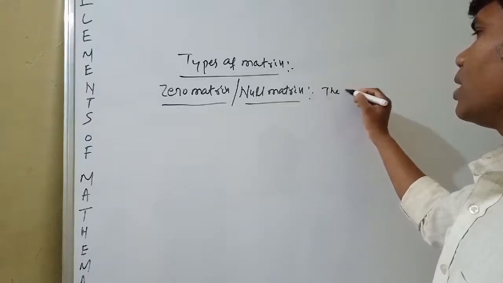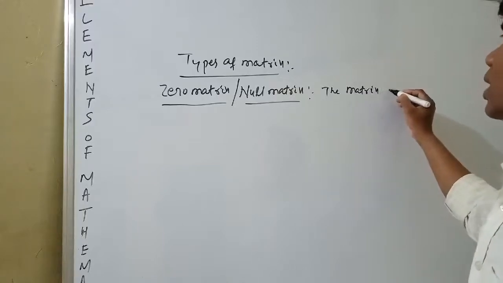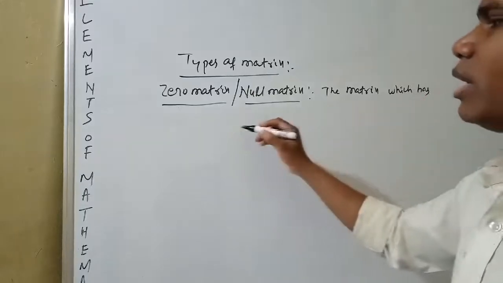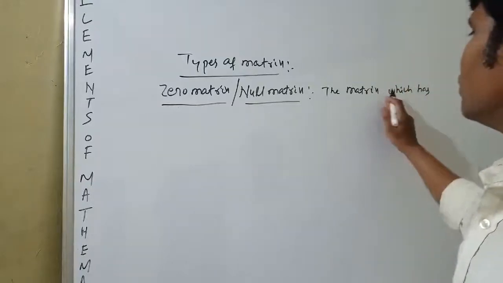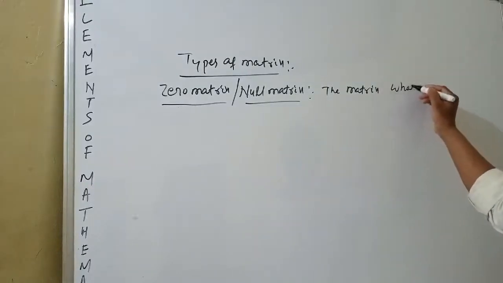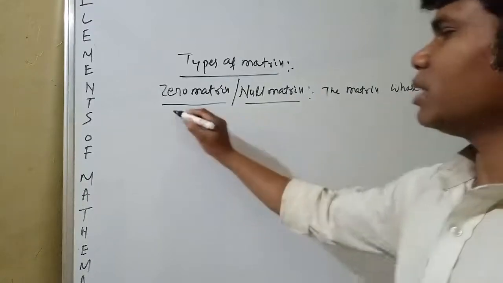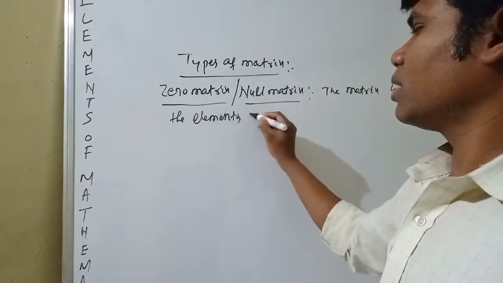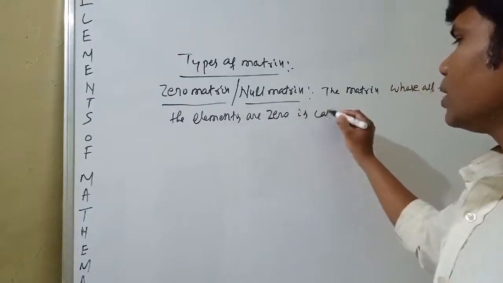The matrix whose elements are all 0 is called a zero matrix.